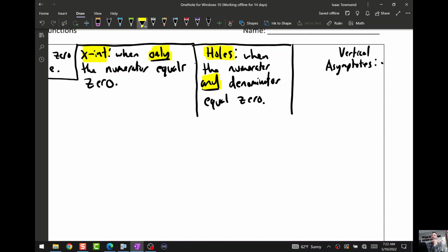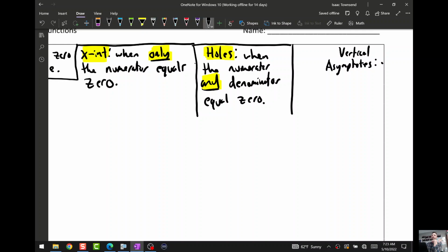If a number makes the numerator 0, you should not assume it's an x-intercept, because if it also makes the denominator 0, it's a hole instead of an x-intercept, and it can't be both things at the same time. A hole doesn't exist on the graph. It's an open spot on the graph. An x-intercept is a point on the graph, specifically where it hits the x-axis.